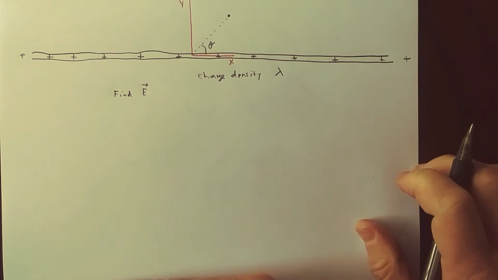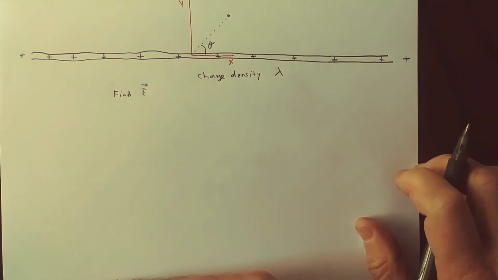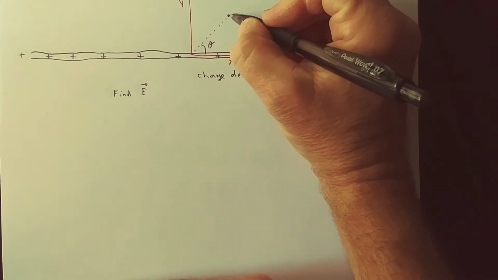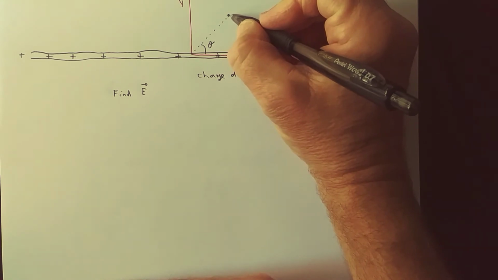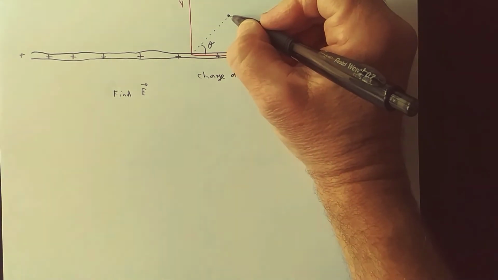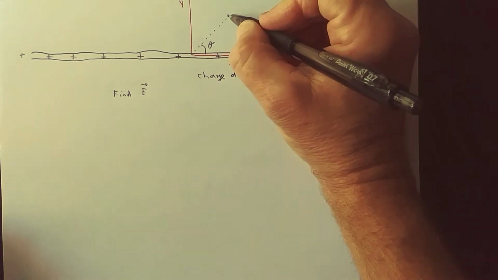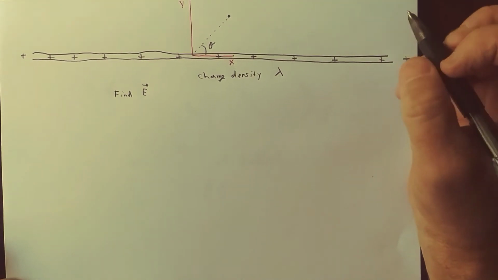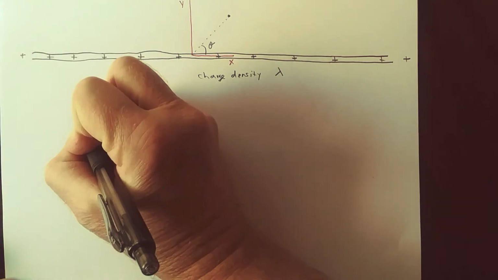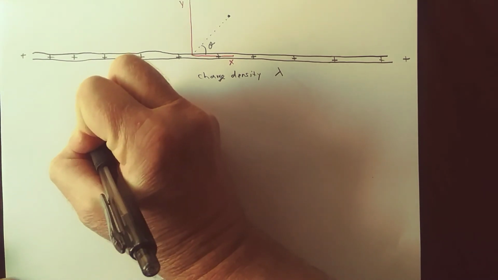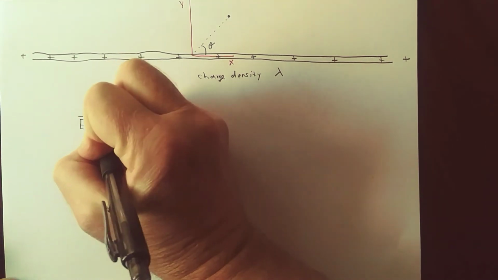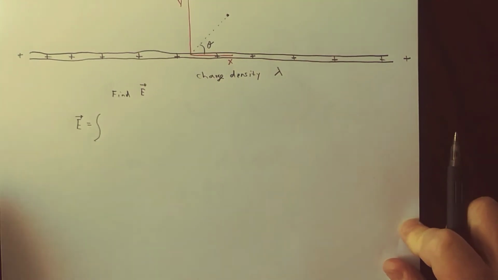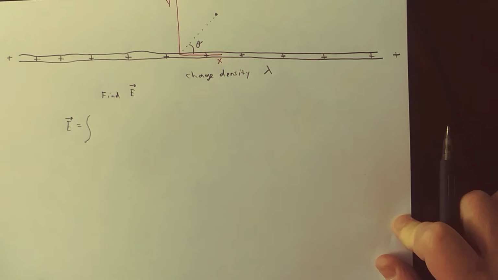And our electric field is some object that has both magnitude and direction at this location. And we want a general expression. So our electric field is going to be an integral over this entire infinitely long one-dimensional region, the x-axis.